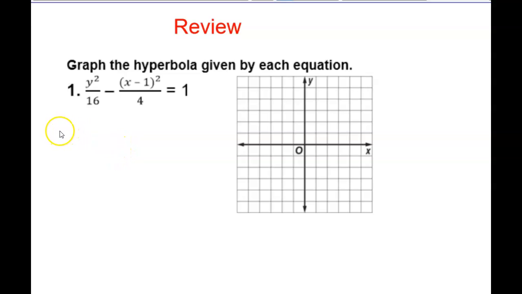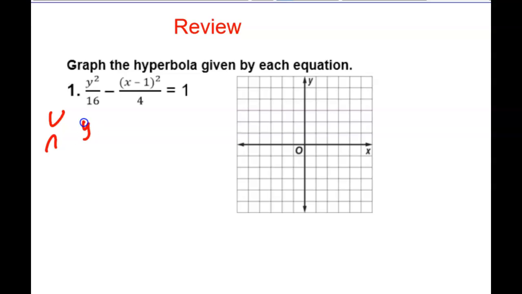Where's the center? Okay, first of all, which one am I looking at on the reference sheet? Hyperbola, and the one on the left for hyperbolas or the one on the right? The one that opens this way, is that the one on the right?